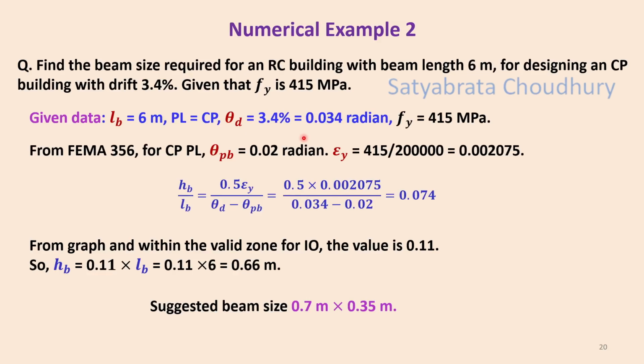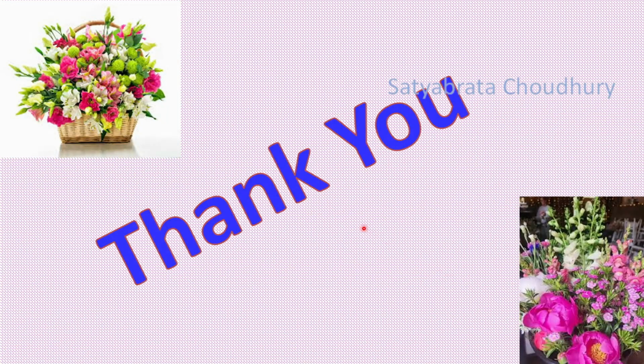That is the wish of the code only, but the code will not tell you how to achieve this, how to restrict your building to that value. So this is possible in this performance-based design, and this UPBD method, which is more robust, more versatile, which is accommodating two performance levels together and giving you the sizes also in the beginning so that you need not iterate for the sizes. Thank you very much.